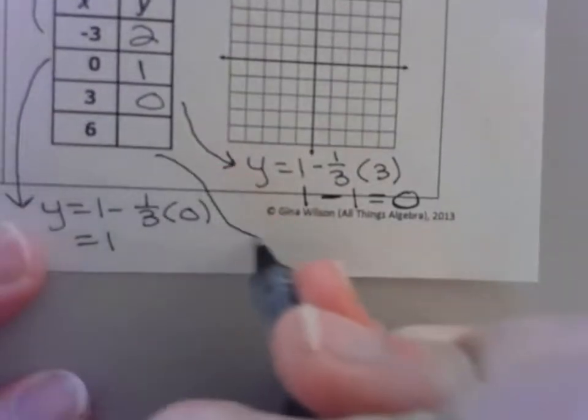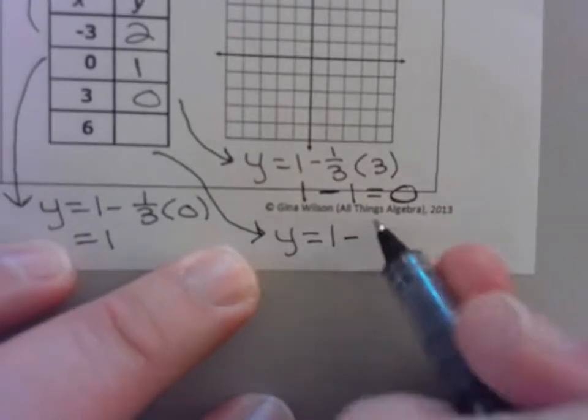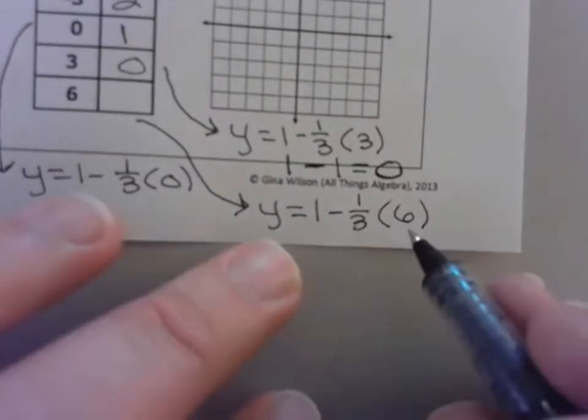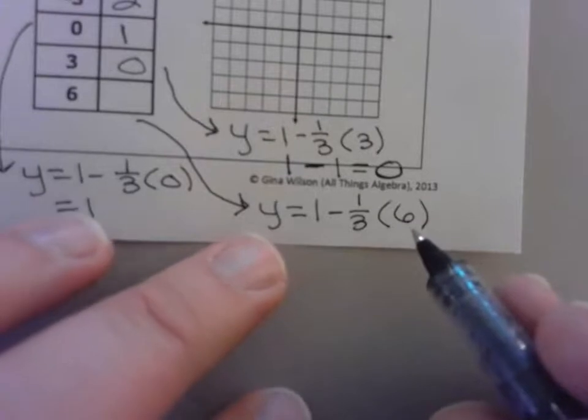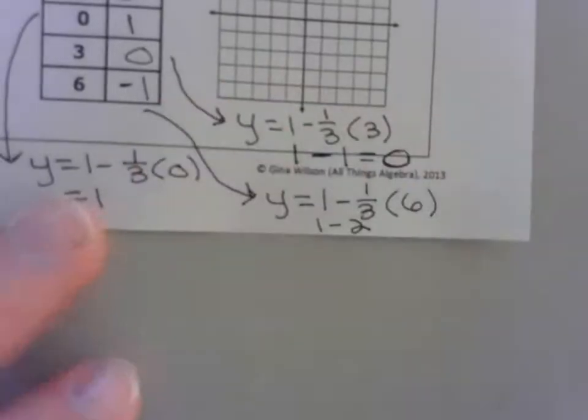Last one, let's plug in 6. If I plug in 6, we have y equals 1 minus 1/3 times 6. What's -1/3 times 6? 1 minus 2, -1. Okay, so not hard stuff. I think you guys can all do this.